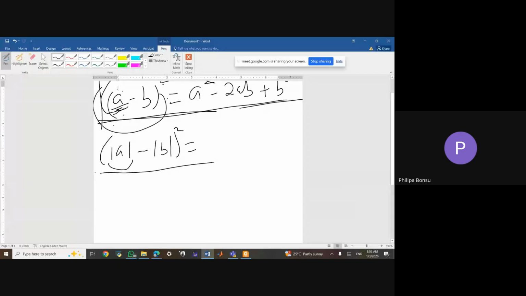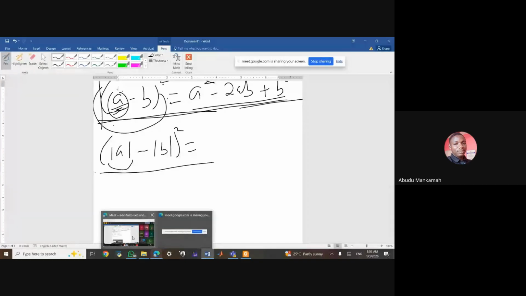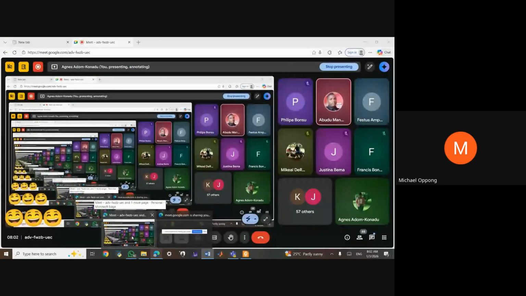Here in place of A, I have absolute of A. So please use this and then expand this. What will you get?